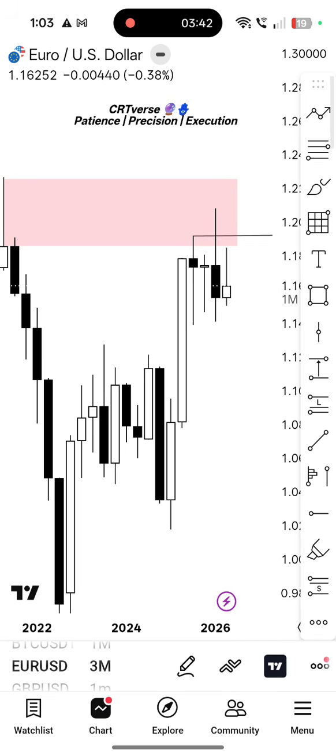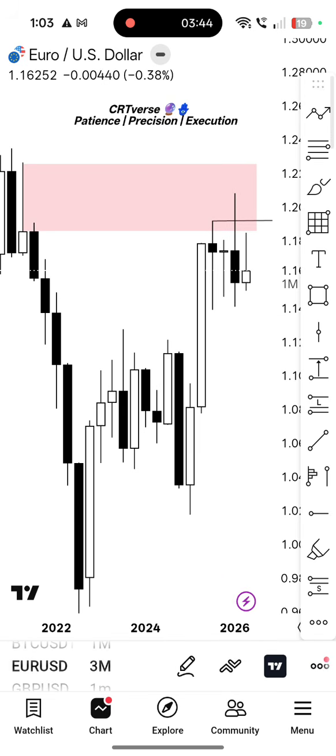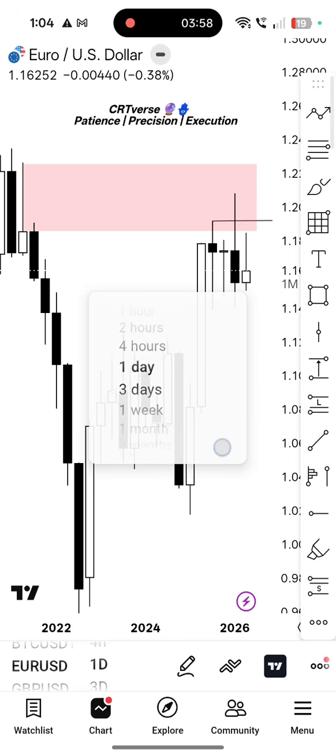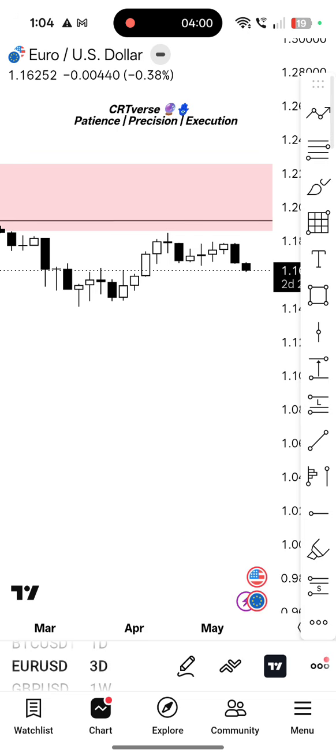All right, this is the 3 month chart. The time frame alignment for the 3 month is 3 day, because we are using the 1 day time frame for monthly. So for the 3 month it's a 3 day. So I'm going to change the time frame to the 3 day time frame.